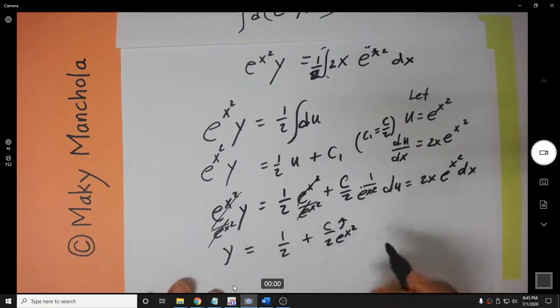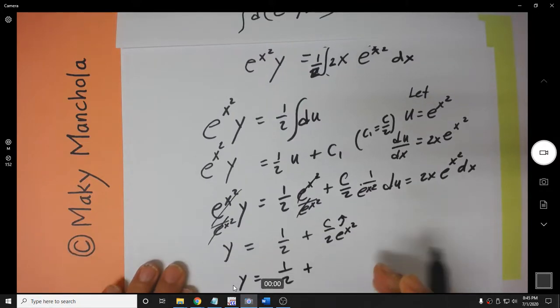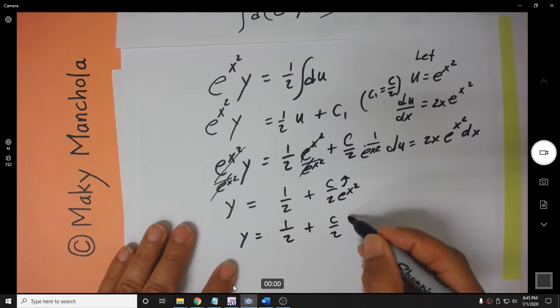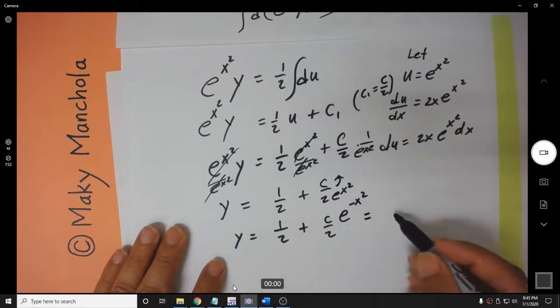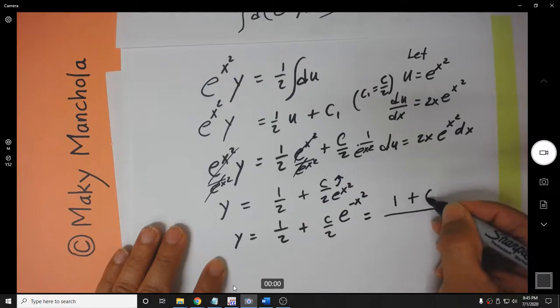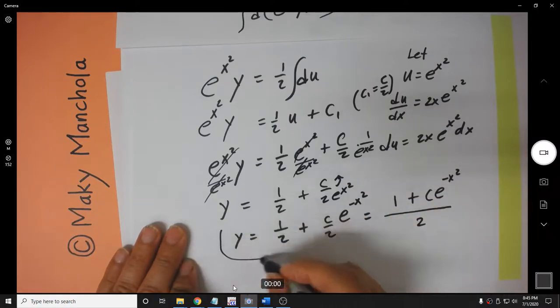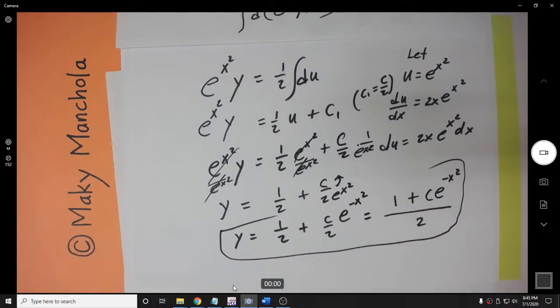Let me put this in the numerator. So I end up with y equals 1/2 plus C/2 e to the negative x squared, which you can simply write as a single fraction: 1 plus C e to the negative x squared over 2. Okay, so a bit long.